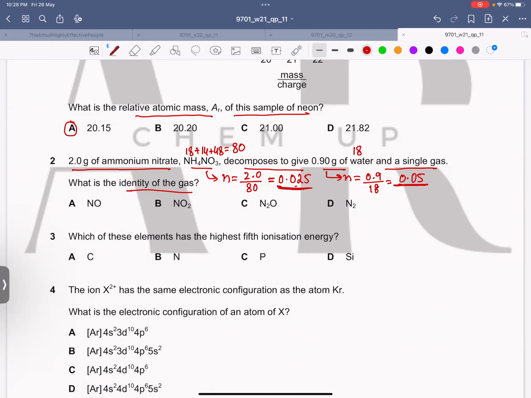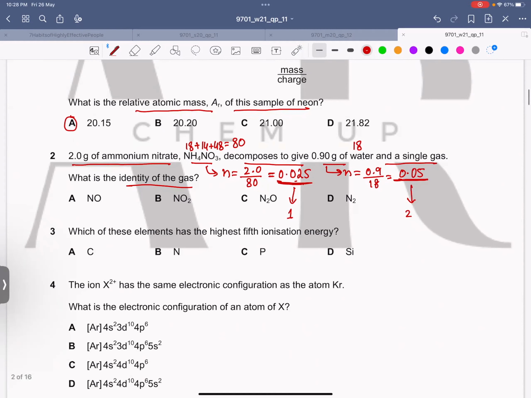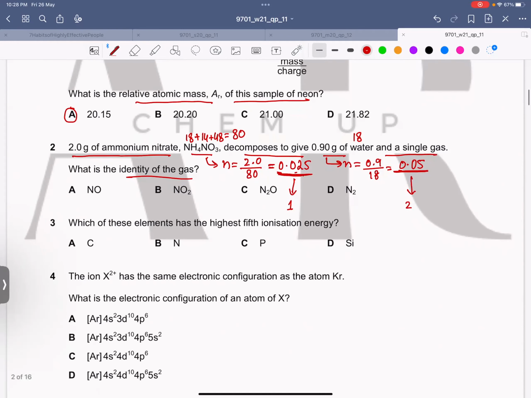There are 0.025 moles of ammonium nitrate and the moles of water would be 0.05. So it means if instead of 0.025 there is 1 mole, the moles of water formed would be 2. Yes, is this part understandable to everyone?